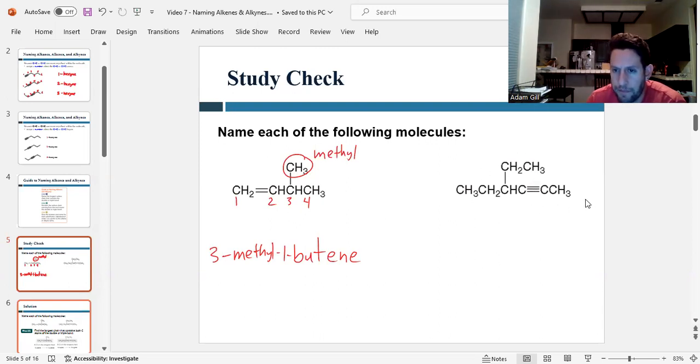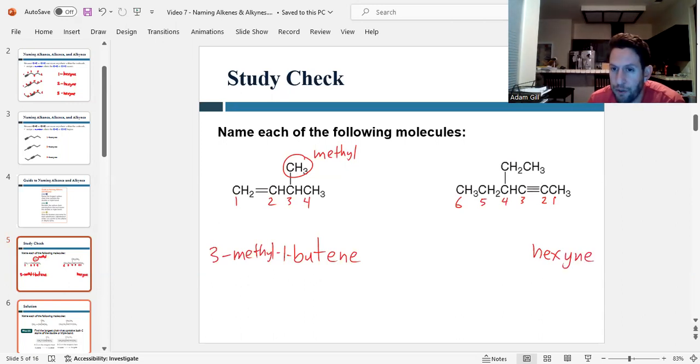Now, this one, here's our parent. But we want to number it so that the triple bond has the lowest number possible. So 1, 2, 3, 4, 5, 6. So this will be hex, and because it's a triple bond, it's an alkyne. So this is hexyne.